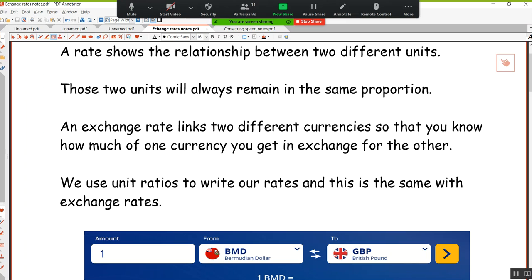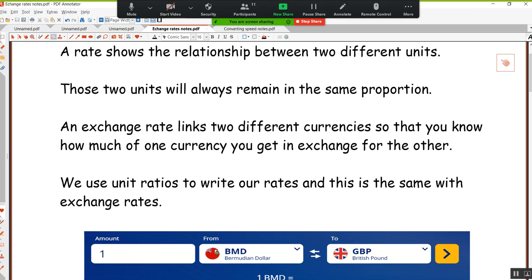So we use Bermudian dollars. Does Bermuda allow any other currencies to be used in Bermuda? Yeah, we can use US dollars, can't we? Is there anywhere else you can go and use Bermudian dollars?